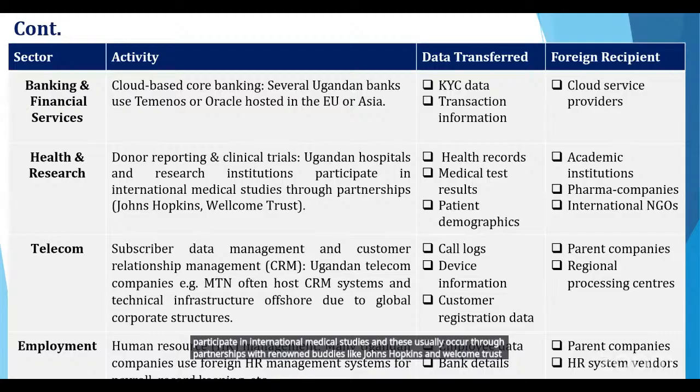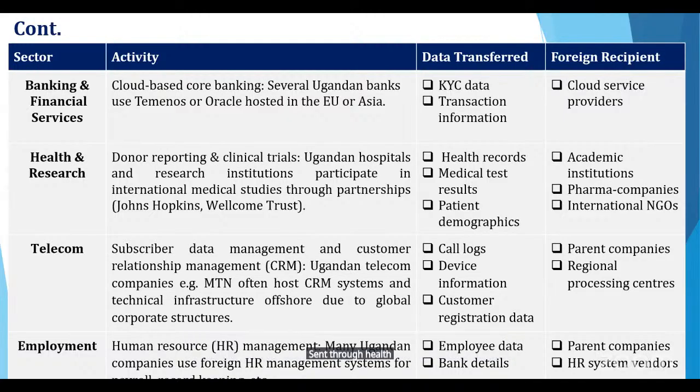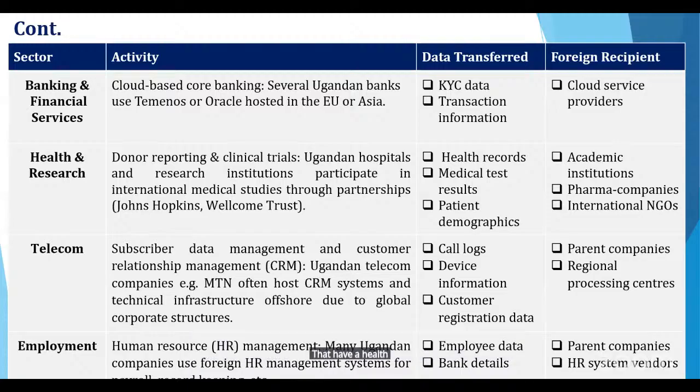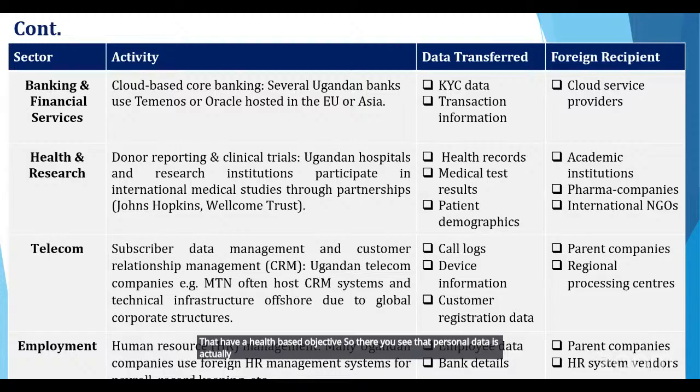So during the course of these studies, the entities in Uganda will conduct clinical trials, and they have to send through health records, medical test results, patient demographics to the foreign recipients, which can either be academic institutions, pharmaceutical companies, or even international NGOs that have a health-based objective. So there you see that personal data is actually crossing borders from Uganda to these receiving entities outside Uganda.